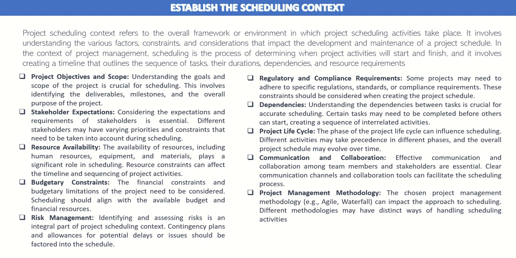Context refers to the overall framework or the environment in which project scheduling activities take place. That involves understanding the various factors, constraints, and considerations that impact the development and maintenance of the project schedule. There are various elements that we can talk about under scheduling context.